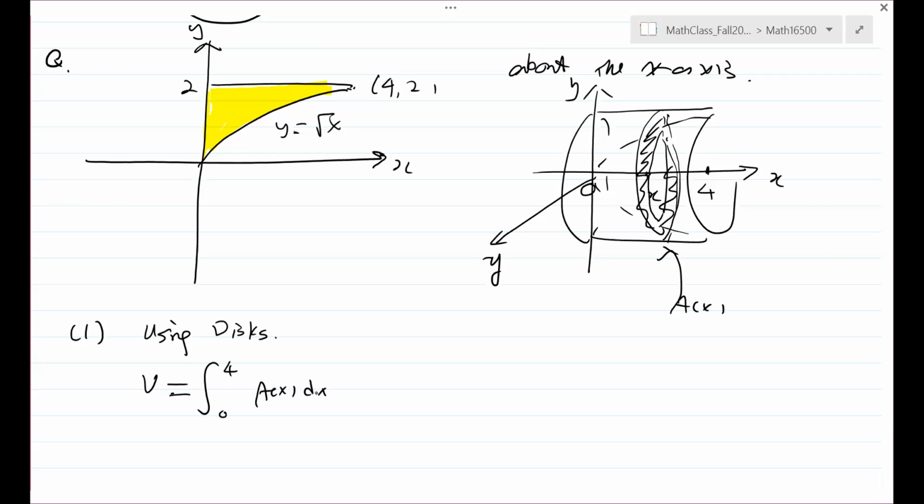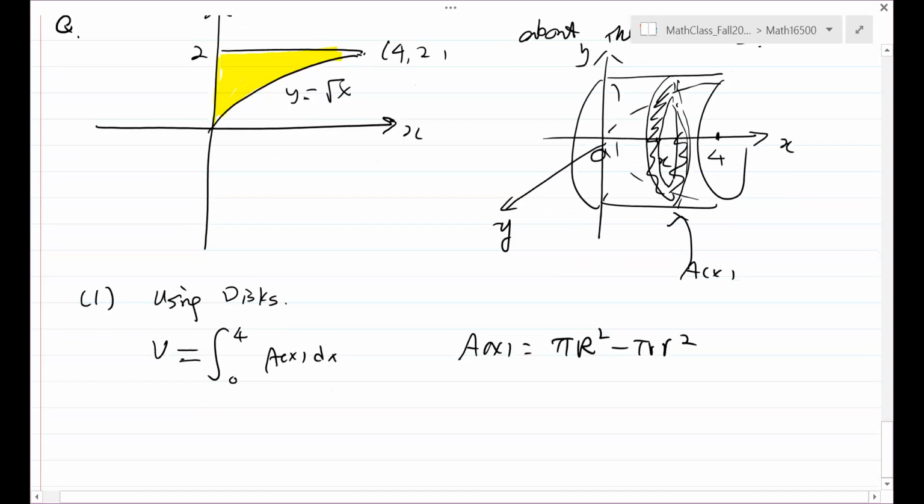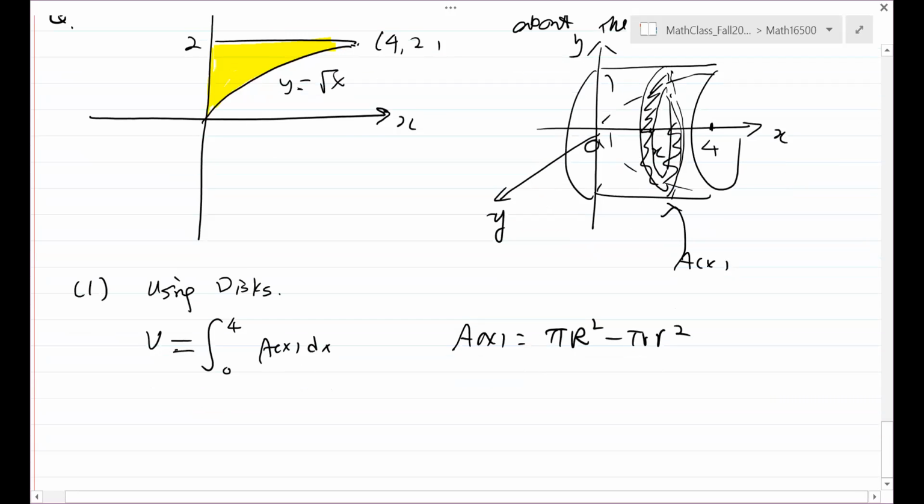But how can I get this area? It's going to be pi R squared minus pi little r squared. So then you have to figure out what is little r at the point x. This is my little r, this is my capital R. I think capital R is always a constant, which is 2.